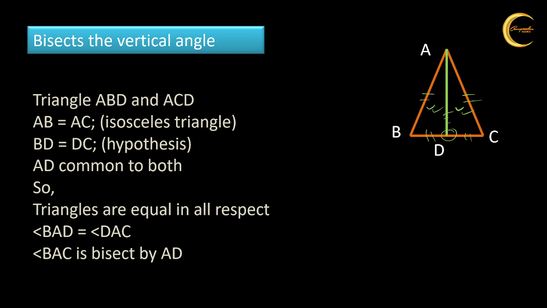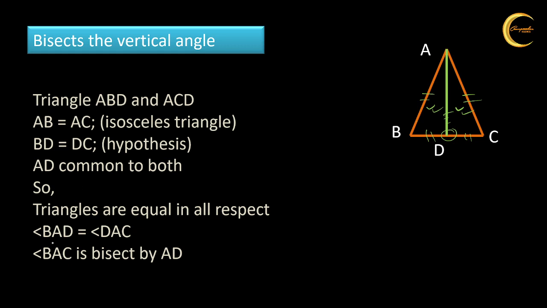So in these two triangles, three sides are equal. So we can easily say these triangles are equal in all respects. It means its three sides are equal, as you have proved, and its three angles equal the corresponding three angles of the other triangle.